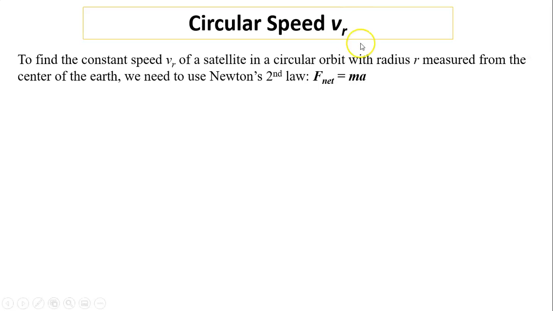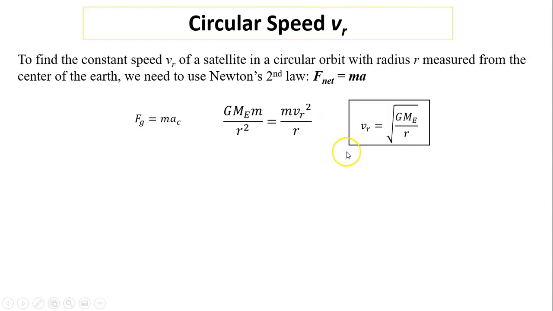For a satellite, the net force is just the gravitational force, and its acceleration is only centripetal acceleration because its speed is not changing, it's only changing direction. So Fg equals mac. Fg, according to Newton's law of universal gravitation, is GMm over r squared. Mac is mv squared over r. From here, we can solve for v.